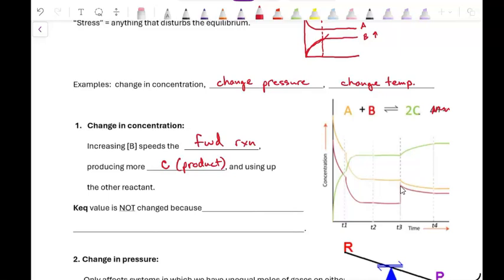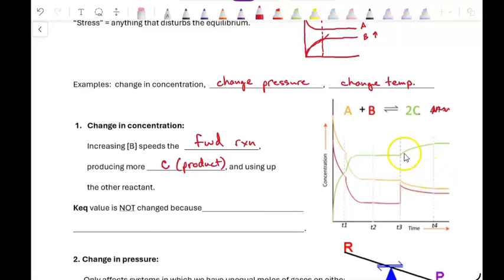And then we said that would speed the forward reaction. And so if the forward reaction speeds up, immediately after this stress, you see the concentration of C, which was at equilibrium or was constant, C starts to shoot up because we've sped up the forward reaction, right? You also see A, which we didn't add any A, you see it start to go down along with B, right? Because the forward reaction is speeding up, and that would use up both of them, all right?